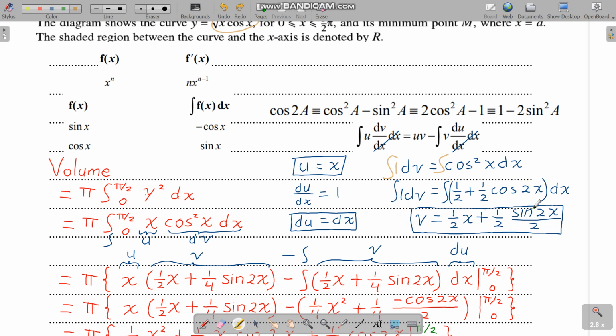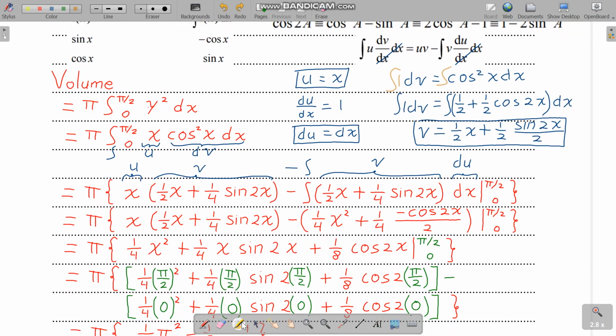So that's the v. We have u, du, and v, everything we need. Now we apply the formula uv minus the integral of v du. We replace everything here and simplify.